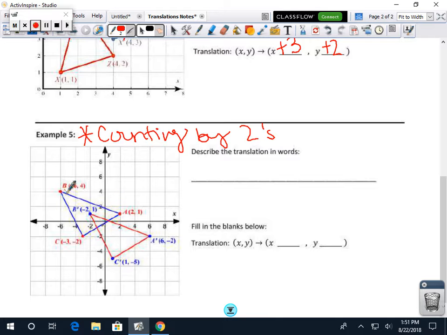So to go from my pre-image to my image, I'm going to use this point B here. To go to the new point, I go over 1, 2 lines, which would be 2, 4. So I move right 4. And then I'm going to go down 1.5 lines, so that would be 2, 3.